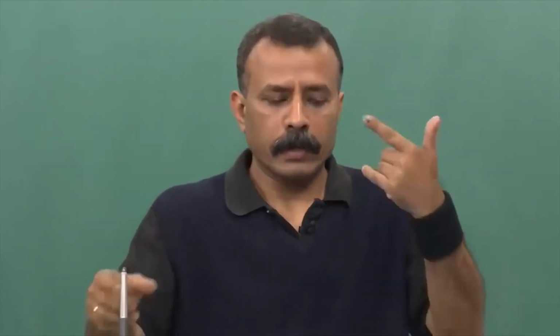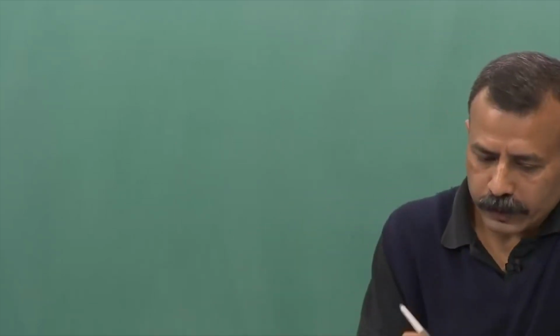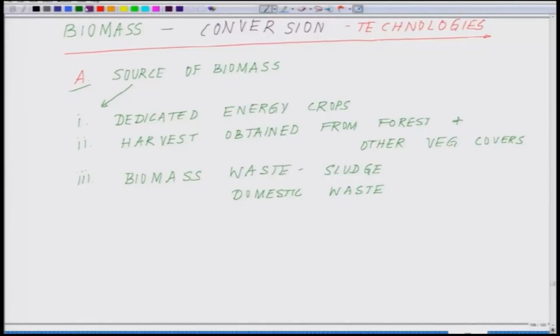stand. Okay. Now, phase 2 of it is that once we are done with this part, the phase 2, once you have decided upon it, is your conversion options at your disposal. Okay. Second thing is conversion options based on the properties of the biomass.